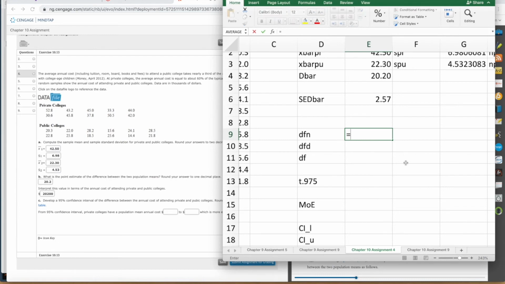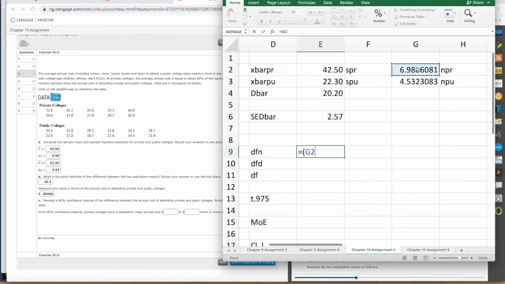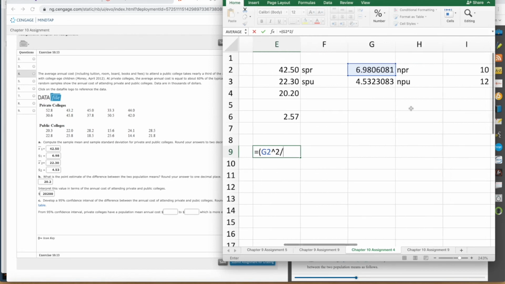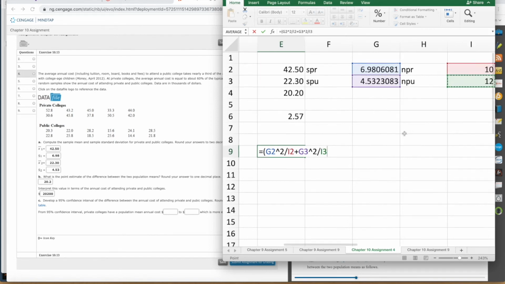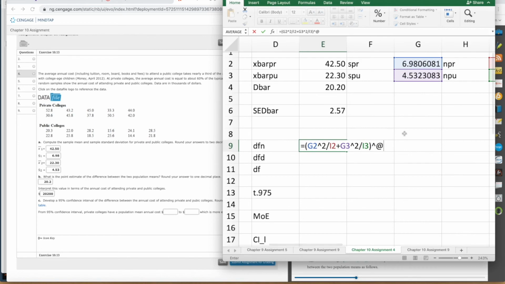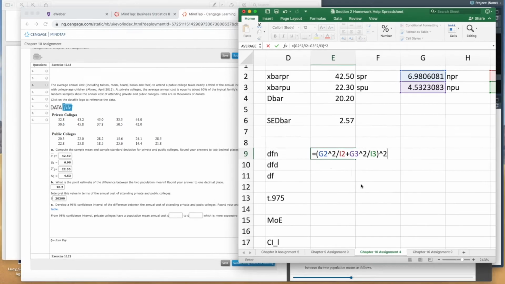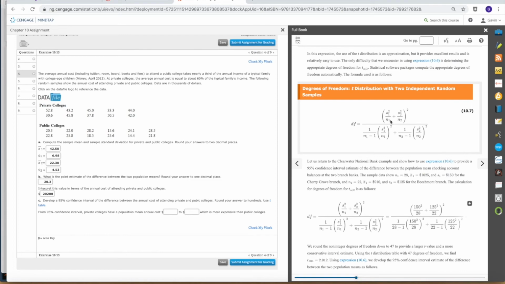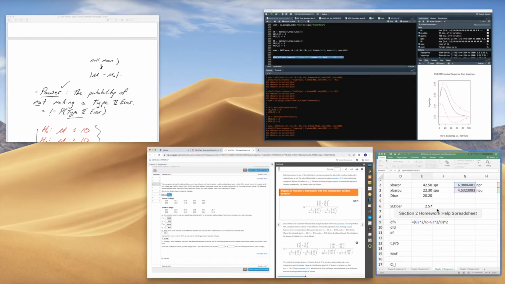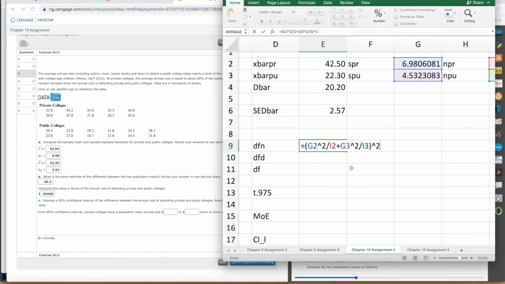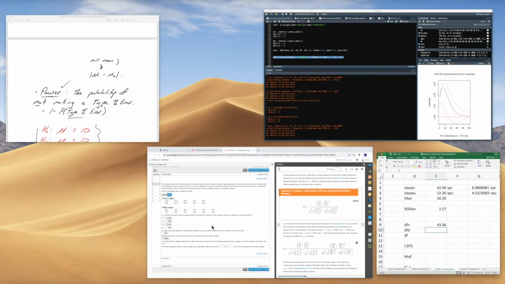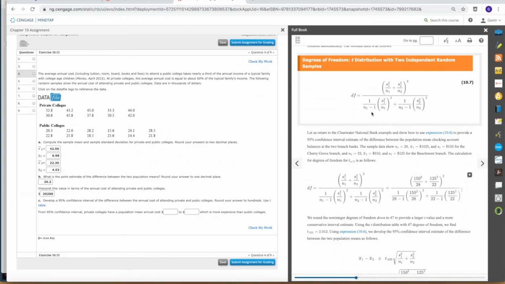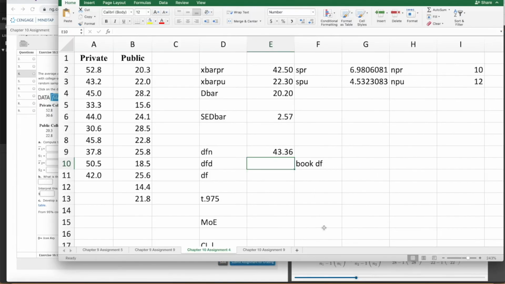So that's going to be equal to, open parentheses, s1 squared divided by n1 plus s2 squared divided by n2, close them, square them. That's what that formula says. S1 squared over n1 plus s2 squared over n2, and then that whole thing squared. So pay attention to parentheses there. That's the numerator. The denominator is next. 1 over n1 minus 1 is 10.